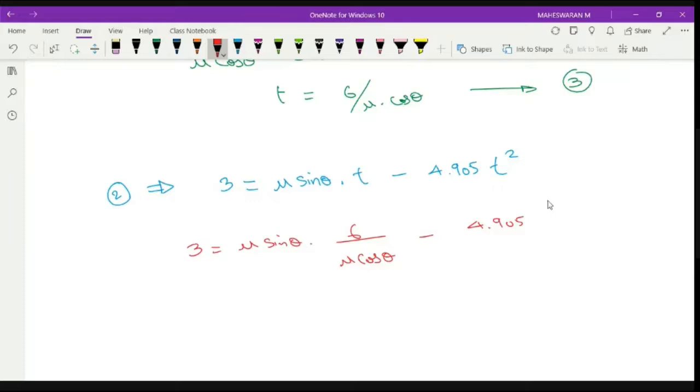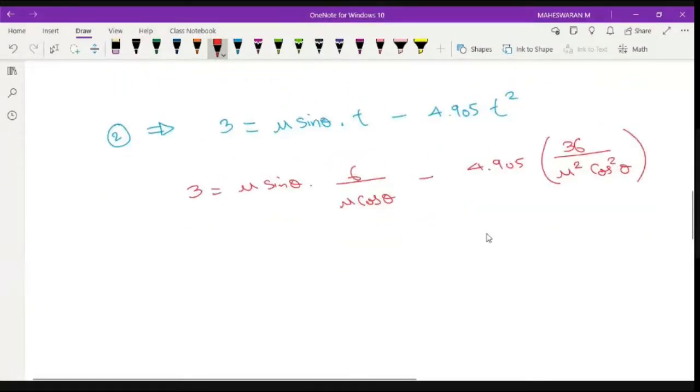T square I can consider as 6 square, which is 36, divided by u square cos square theta. So same thing, t I am substituting as 6 by u cos theta. You are getting something like this.